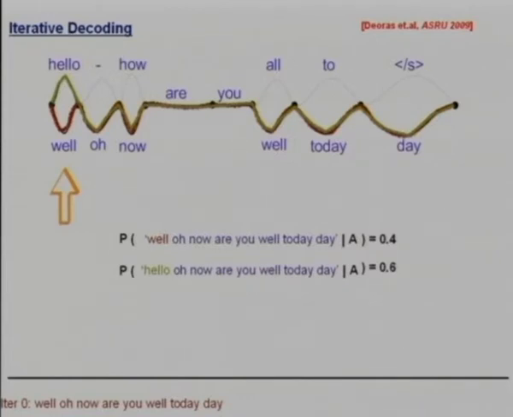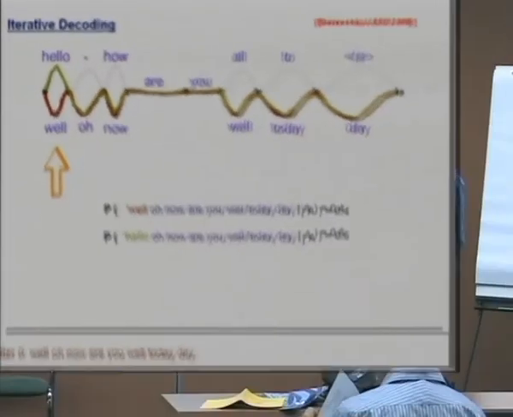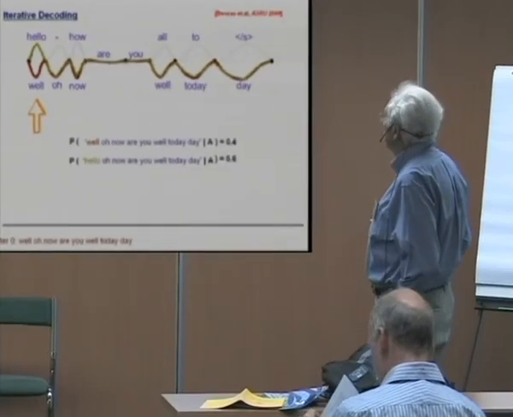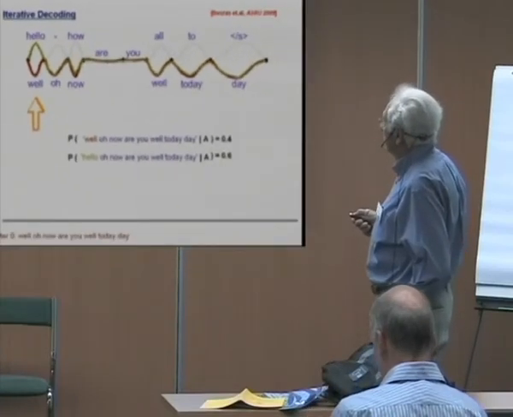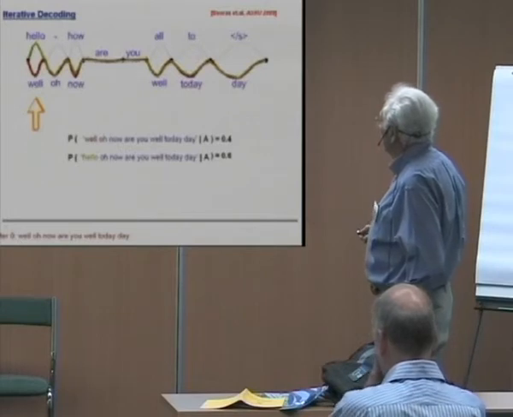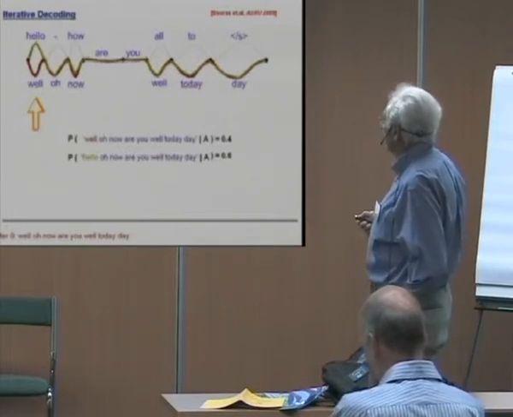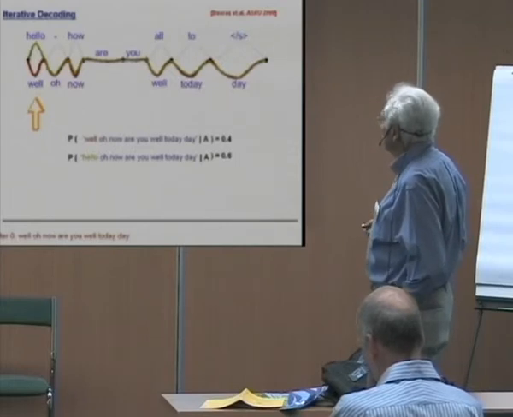So here, with this as context, we would want to choose between well and hello. In other words, we would like to find out what's the probability of this sentence, which is the path with well, and what's the probability of this sentence, which is the path with hello. And it should be a function both of the language model and of the acoustics.